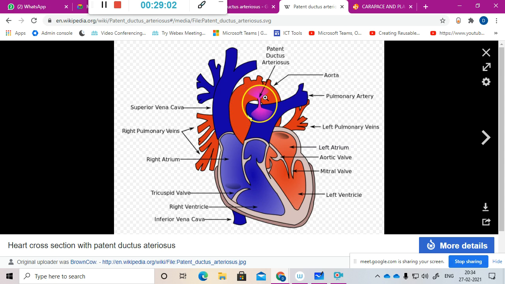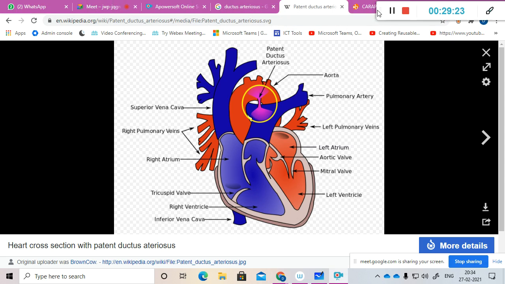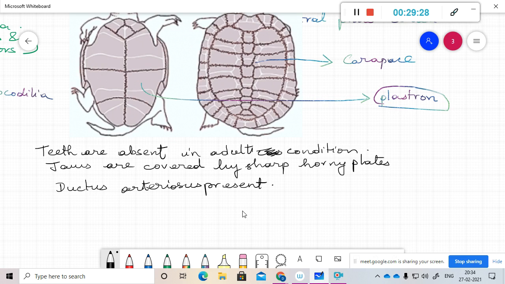In reptiles, this region is the ductus arteriosus. In this specimen there is a hole, but this is the ductus arteriosus here. Okay. So this is characteristic of chelonians.